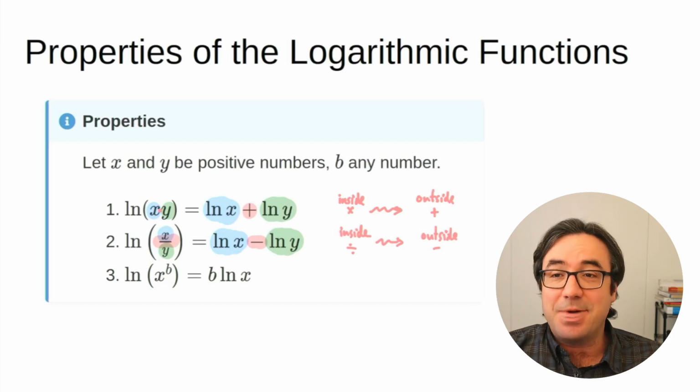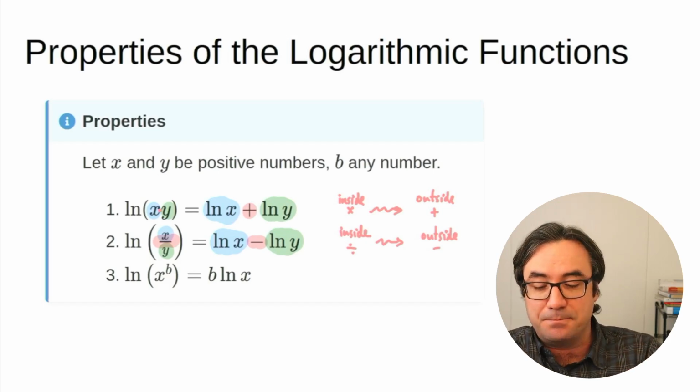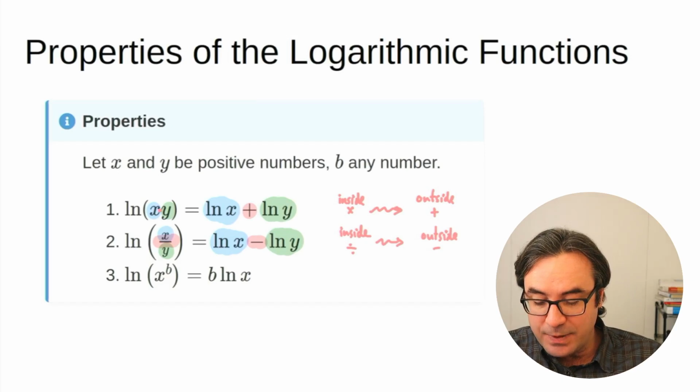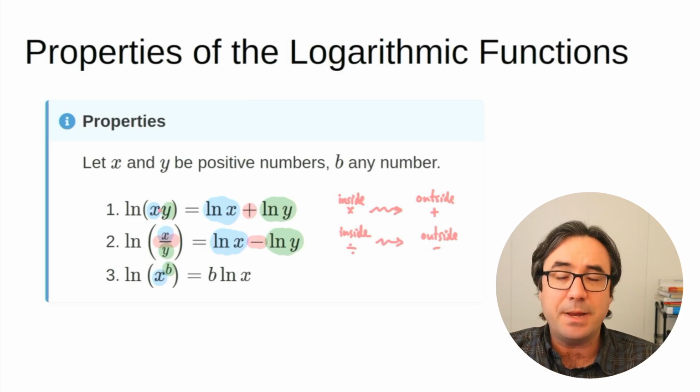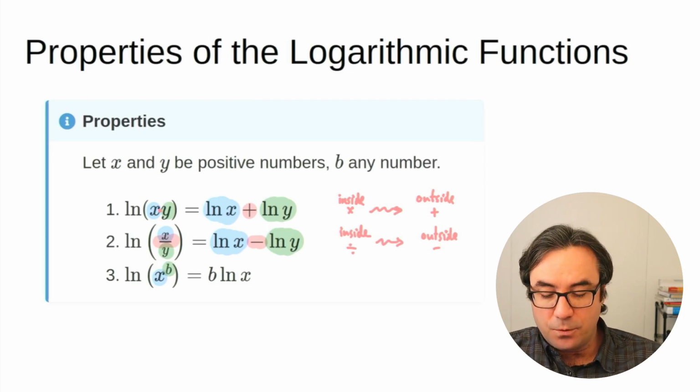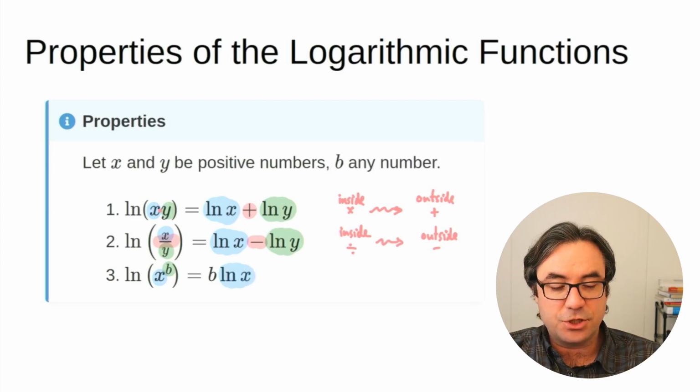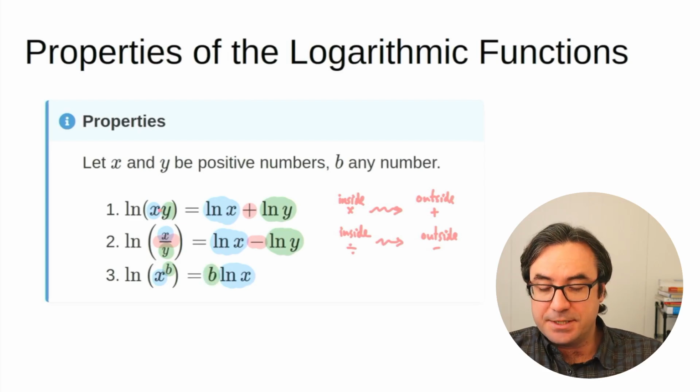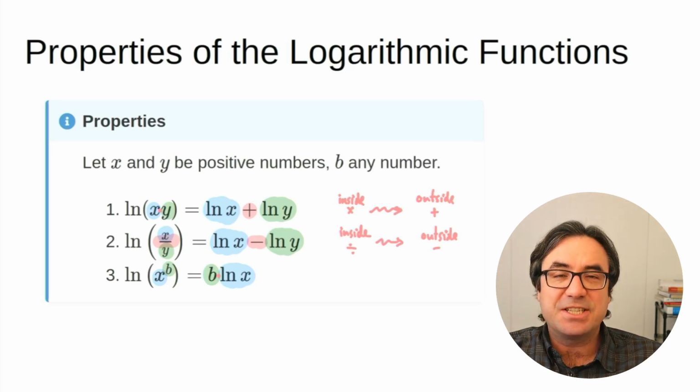This is just a property of the natural log function. So again, we have our x term being raised to the power b. And this property allows us to take that exponent, and the exponent gets converted into multiplication.